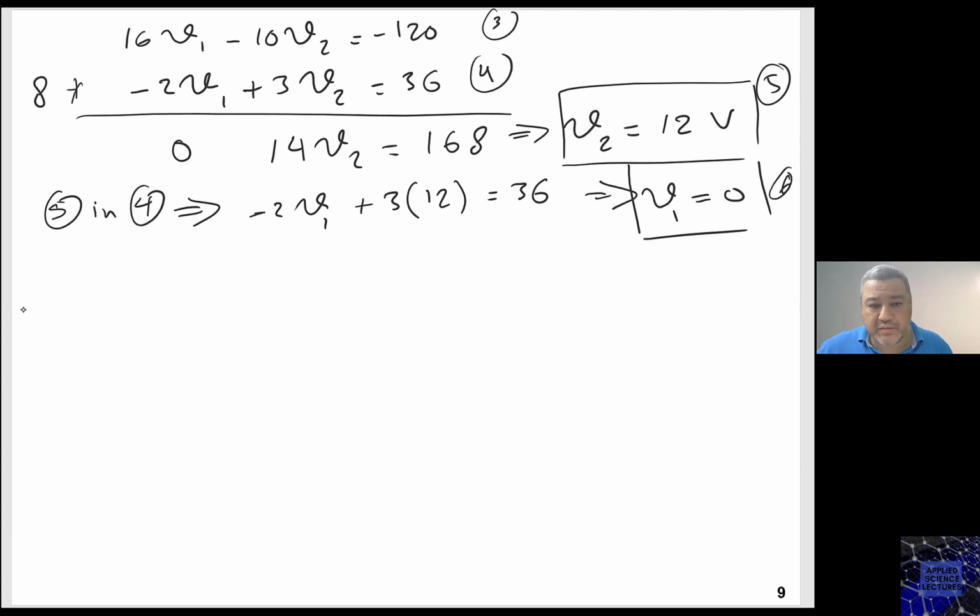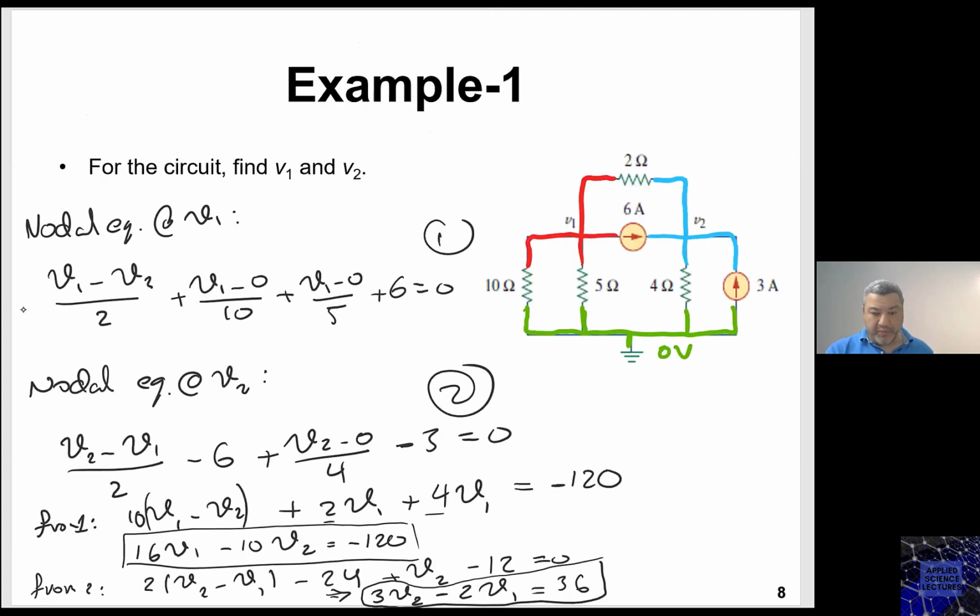Sir, how do you get minus 120 and 36? If you go back to the nodal equation, when I wrote the nodal equation at V1, I had the 6 ampere leaving. That's why I wrote it in my equation as a plus 6.